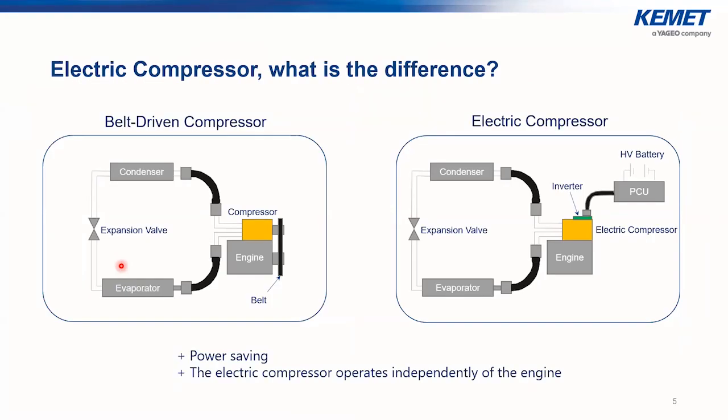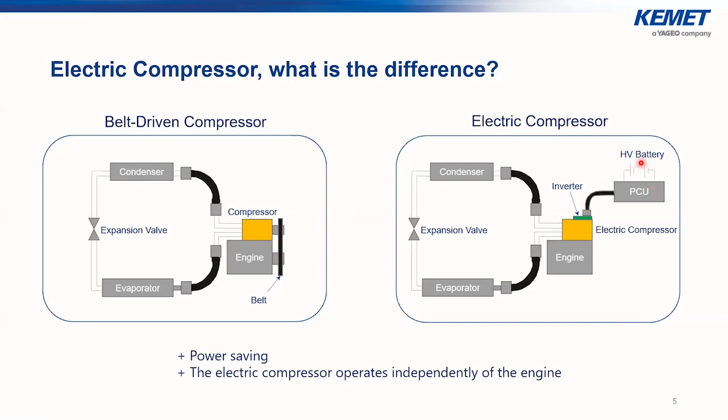The main difference between the conventional belt-driven compressors and the electric compressors is how these compressors are powered. On the left side, we see the conventional belt-driven compressor, and on the right side, the electric compressor. Clearly the difference is in the way we power these compressors.